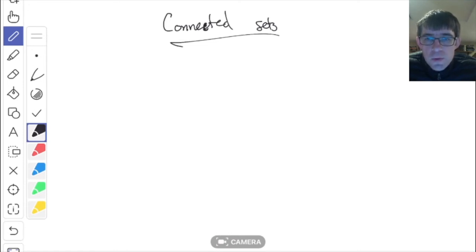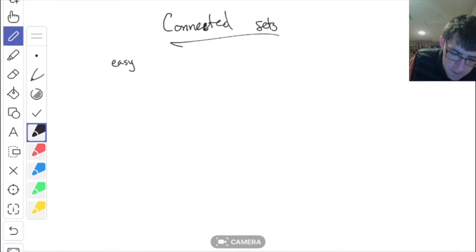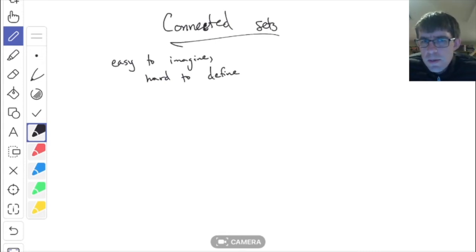It means like the whole set is in one piece. It's not in two separate pieces. It's connected. So it's easy to imagine what this means, but it turns out to be a little bit hard to define. Not super hard, but you have to think a bit to come up with a good definition of this concept. But the idea of the concept is very natural, I think.